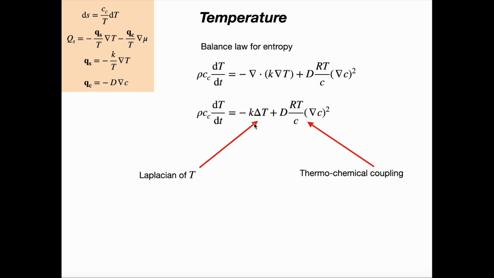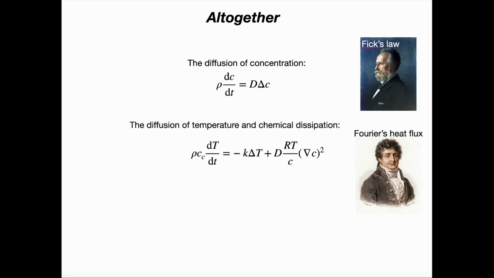It features the Laplacian of temperature as we had last time, but since now we've been adding a coupling with another process, we also end up having a coupling term here. It's a thermo-chemical coupling term. So there will be a contribution of diffusion of concentration into the evolution of temperature. So that's a consequence of coupling the different physics here.